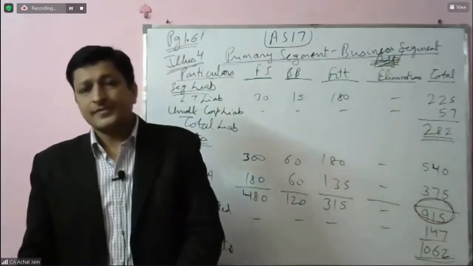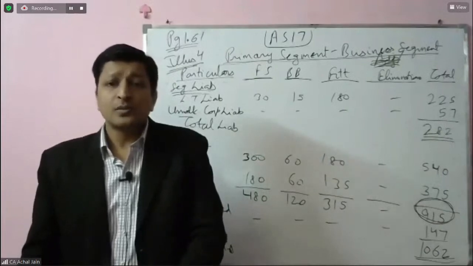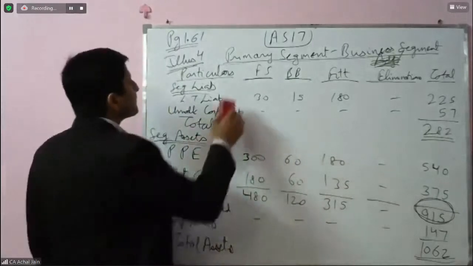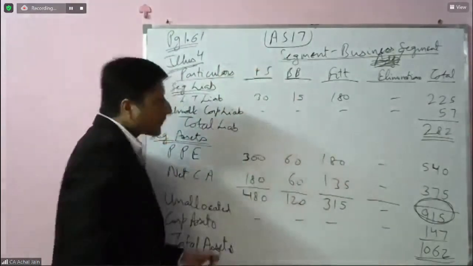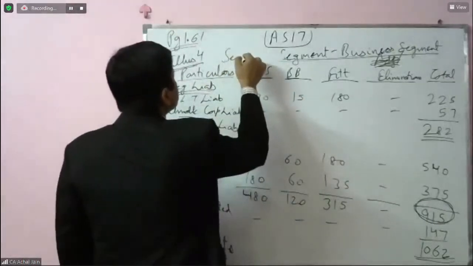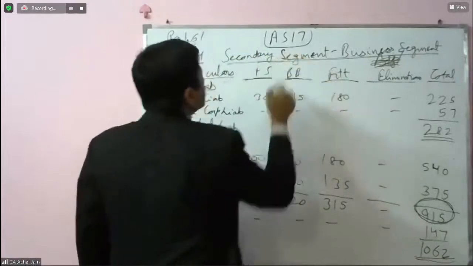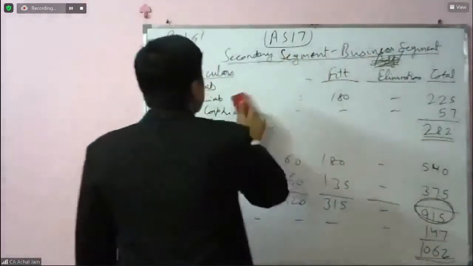Okay. Next is the disclosure on the basis of geography, or we can say disclosure in relation to secondary segment, which is a geographical segment.